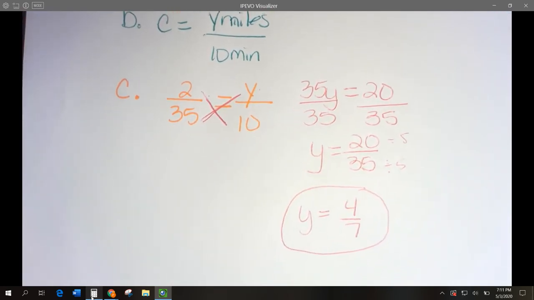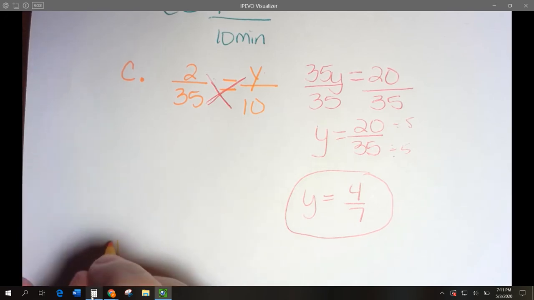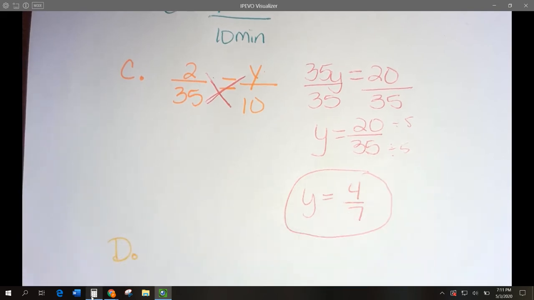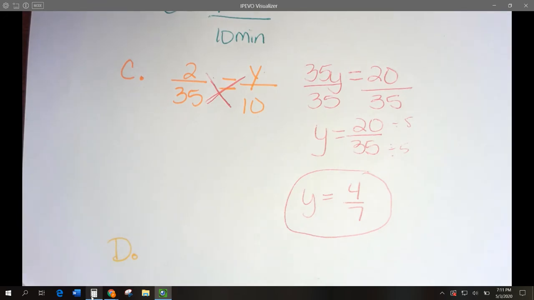Okay? And then for part D, they want us to write an equation in two variables. So our equation, they say write a two-variable equation for how many miles we can walk in any time.